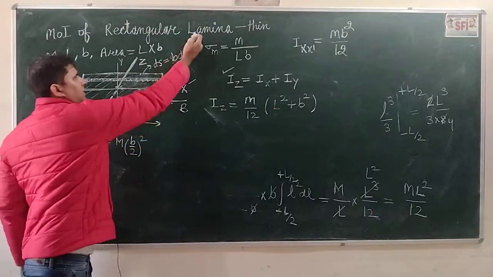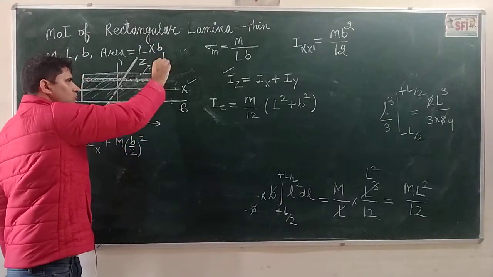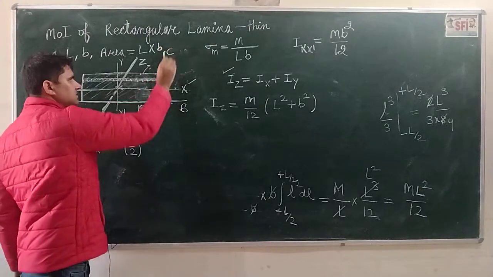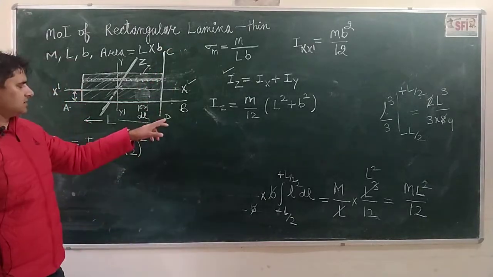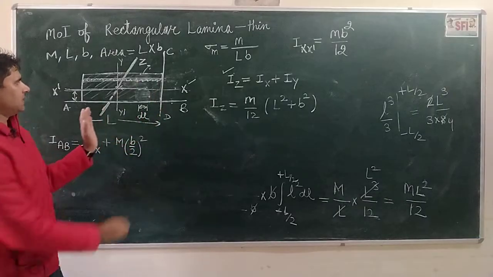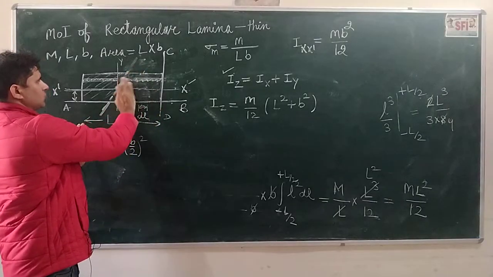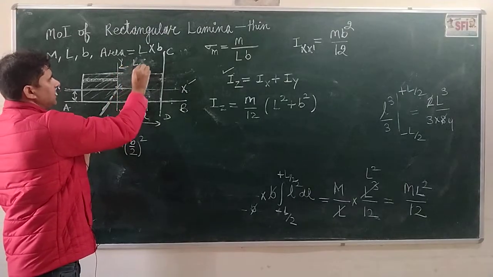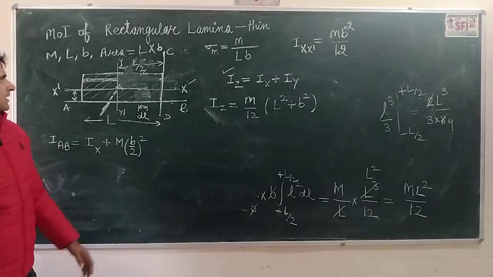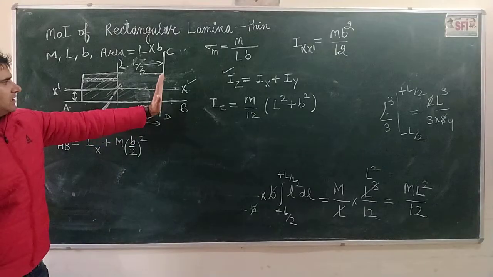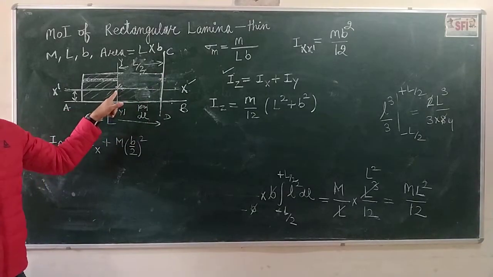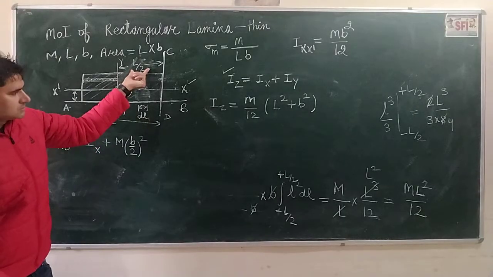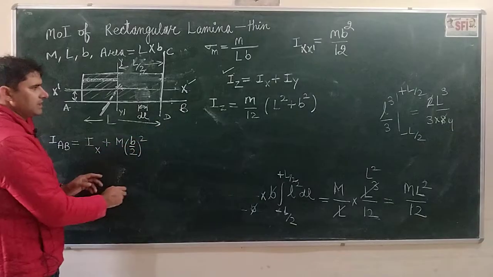And if you have an axis which is passing through the edge, this edge, this is CD. In this case again we will make use of the parallel axis theorem, and here the perpendicular distance will be L by 2. Firstly we will identify an axis which is passing through the center of mass, then we will find the distance, and then we will apply the parallel axis theorem.